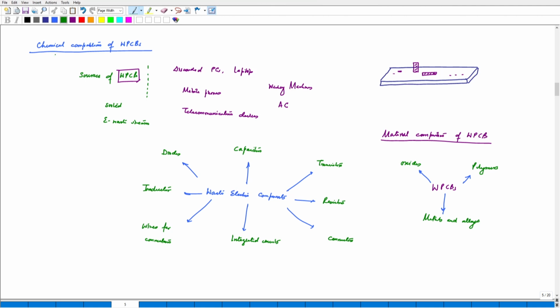What are the oxides that are present? And ceramics. If we look at ceramics in the WPCBs, which are basically oxides, we have SiO2, Al2O3, TiO2.